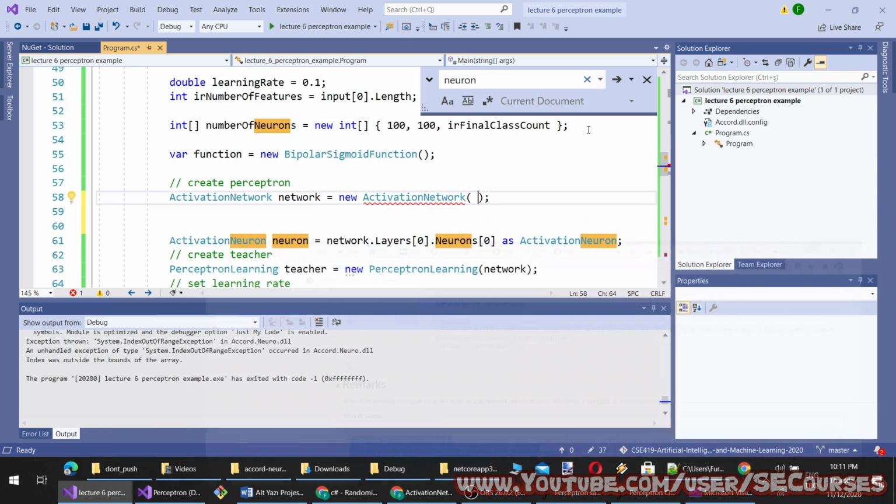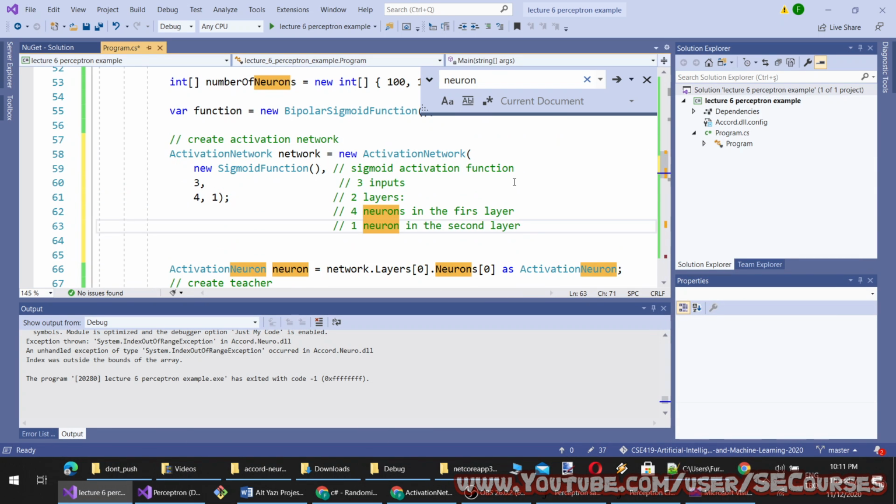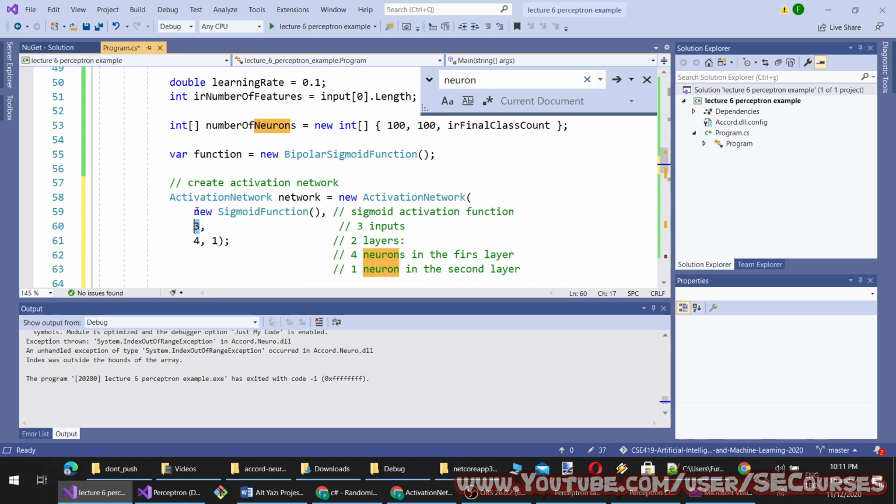Okay, so there is a simple example of this. Let's try it. New sigmoid function, 3 inputs. So inputs is here. It has 2 layers.